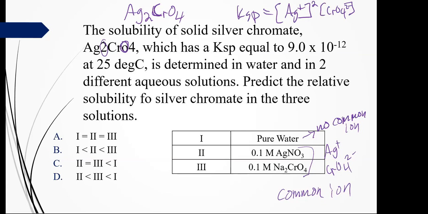The silver ion, is that going to have a bigger impact or a smaller impact compared to the chromate ion being present? Us having the same amount of Ag+ compared to the chromate, is that going to prevent less material from dissolving, or is it going to allow more material to dissolve?